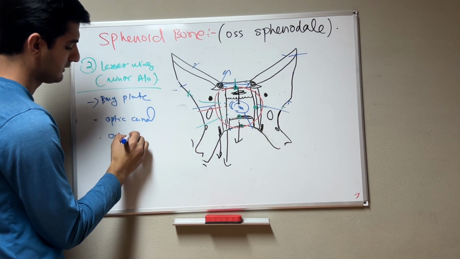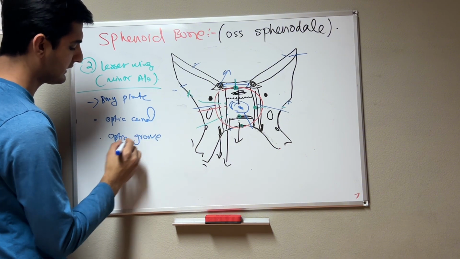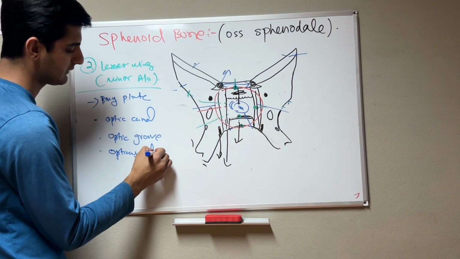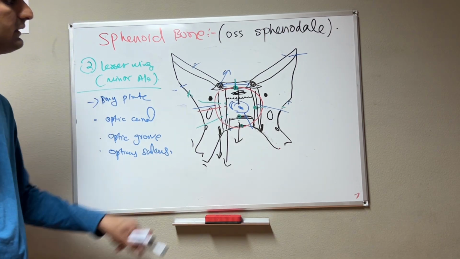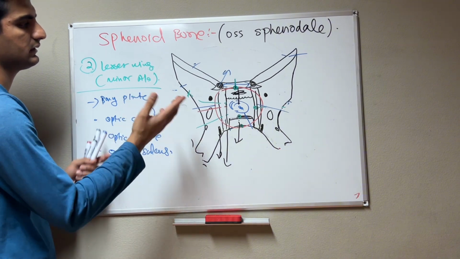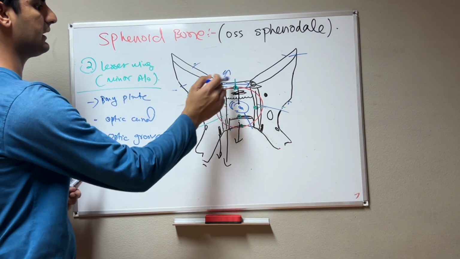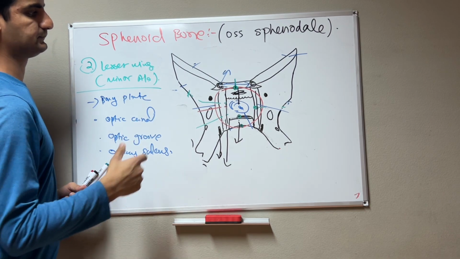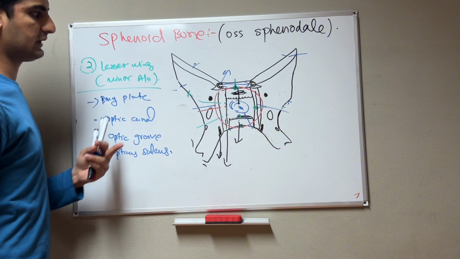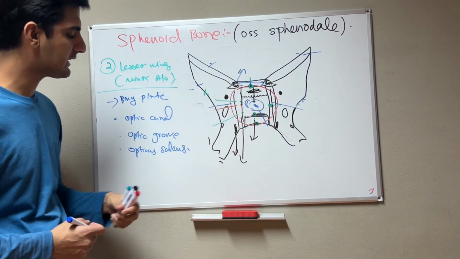Optic groove, or sulcus opticus, between the two optic canals. These are the formations in the lesser wing. Very simple: a bony plate, an optic canal on both sides, and between them the optic groove.